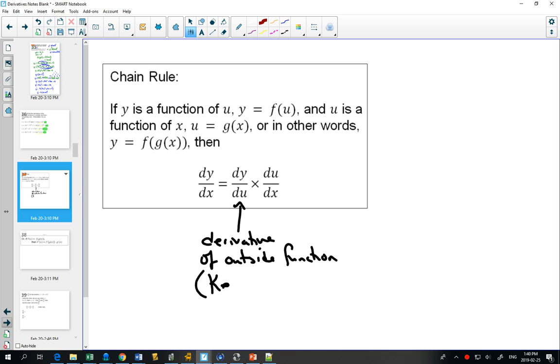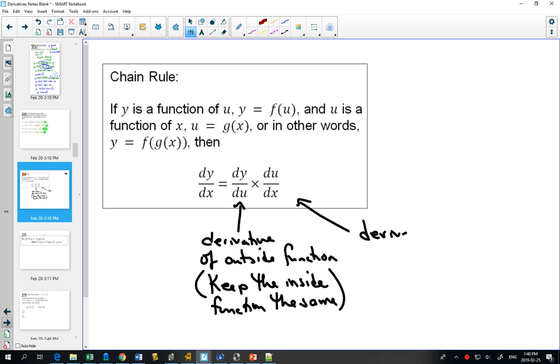Bracket, I'm always going to say keep the inside function the same, multiplied by the derivative of the inside function.